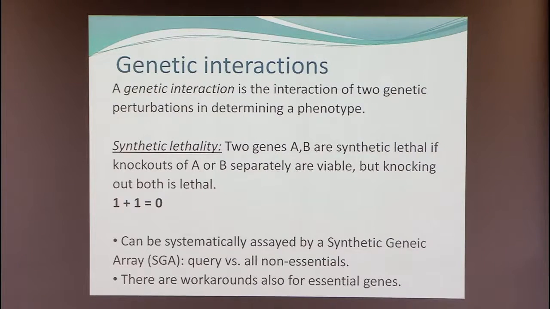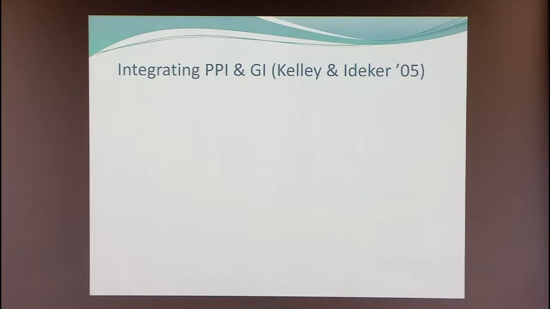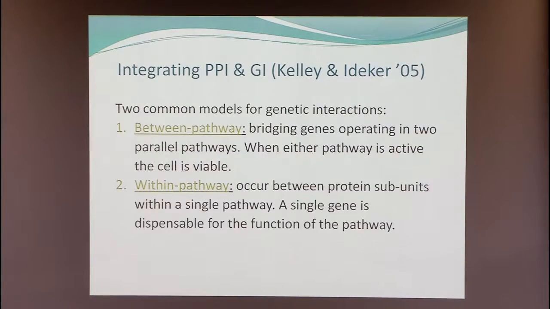The specific question that the study was trying to answer is, what is the meaning of these interactions? Do these interactions happen because the cell has two parallel pathways? If you knock out genes in one of them, nothing happens. If you knock out genes in the other, nothing happens. If you suddenly knock out both of them, the cell dies. This will be the between pathway interpretation of genetic interactions.